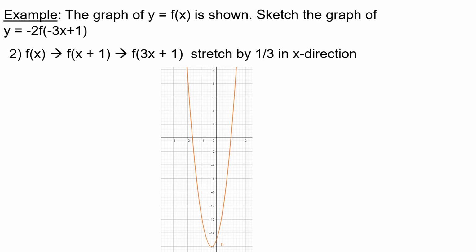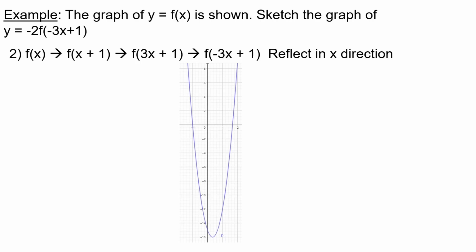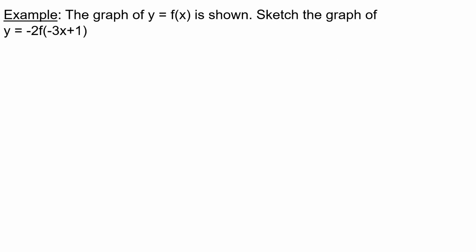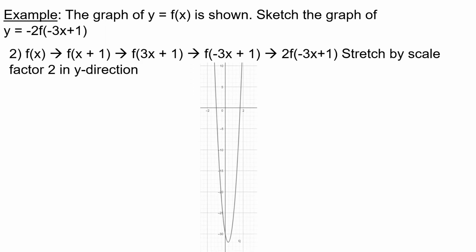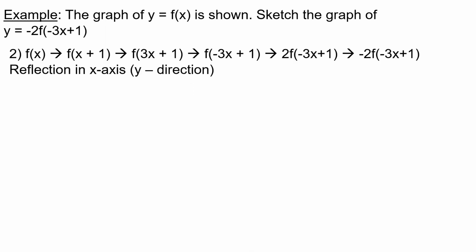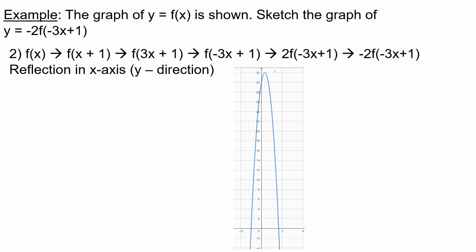Then now we have minus in front of the 3x, so we need to reflect it in the x direction, or the y-axis. And then finally, we have the -2 on the outside, so we need to stretch it by 2, and then reflect it in the x-axis, giving you a final graph which will look like that.